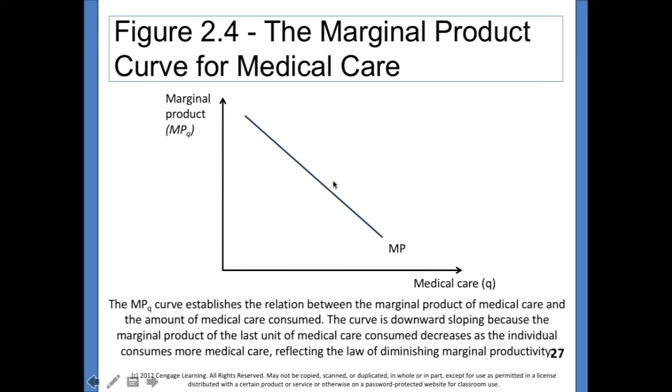So if we have the amount of medical care on the horizontal axis, and instead of total product we put the marginal product, we see a downward sloping shape for the marginal productivity of medical care, as well as marginal productivity for any other products and services.